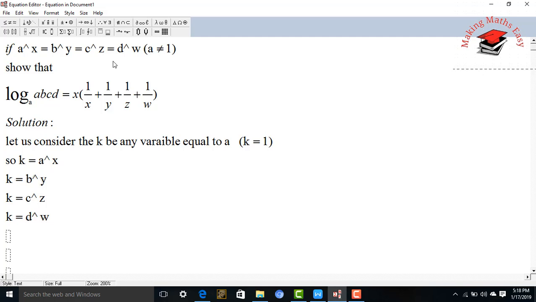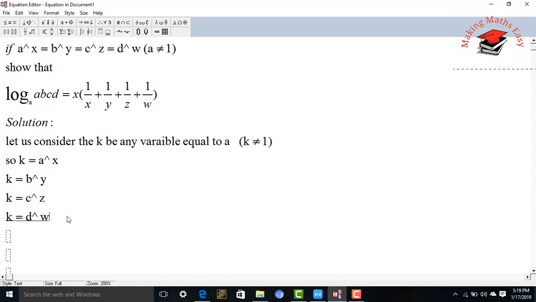So we will take a variable k. Let k be the variable which is not equal to 1, so k becomes equal to a raised to x, k equal to b raised to y, k equal to c raised to z, k equal to d raised to w.